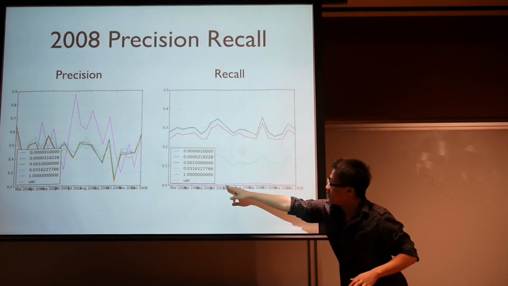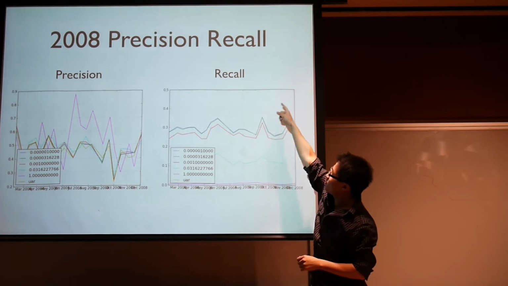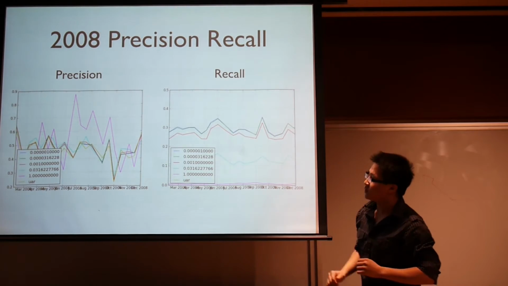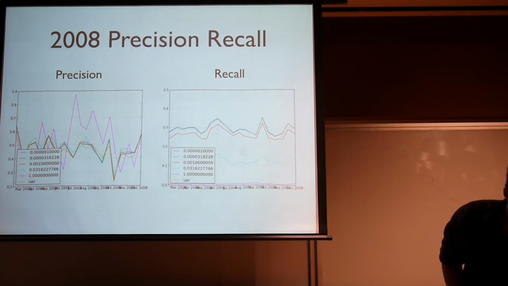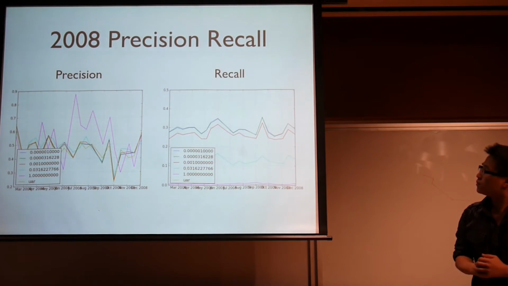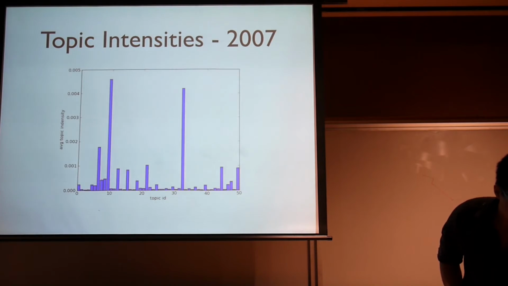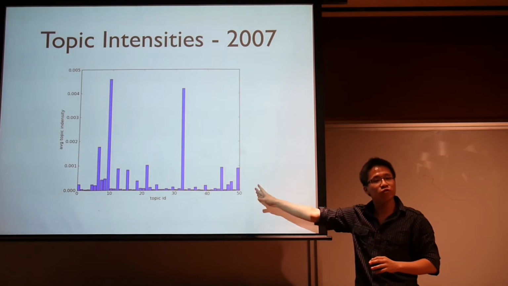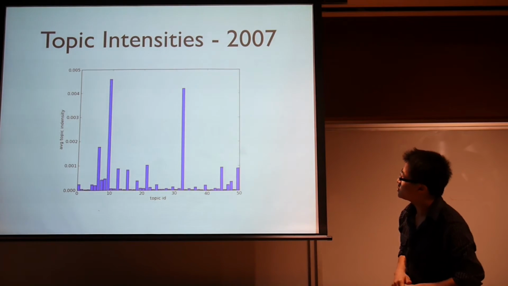The yellow line here is difficult to see. It should be around 0.5 because we're predicting randomly. And the recall was significantly worse for the 2008 predictor. To dive a little deeper, these were the topic intensities per topic, averaged over all of the documents.